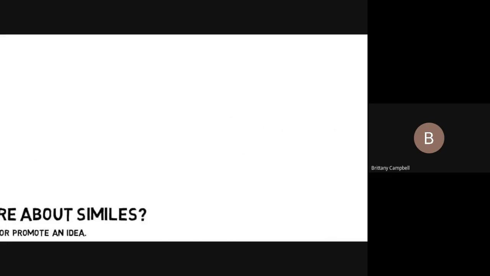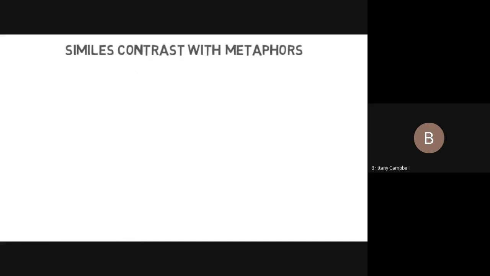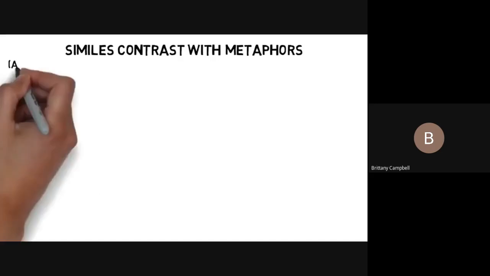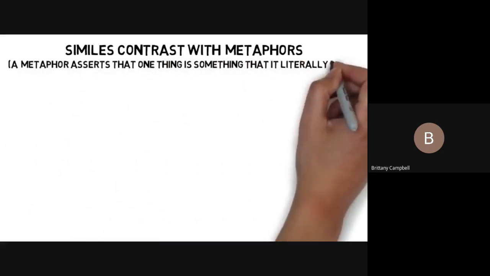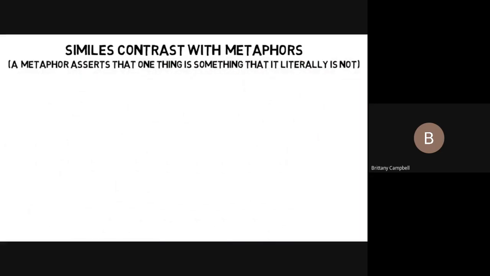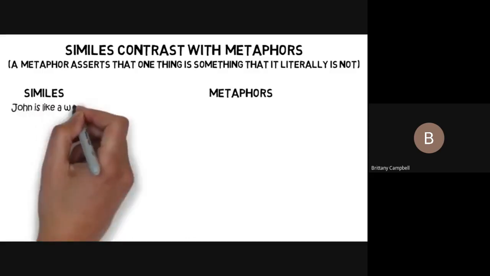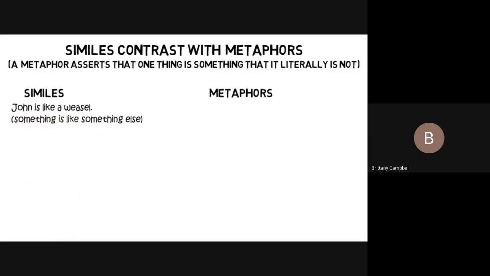Now, if we're going to talk about similes, we have to talk about metaphors, because they're quite similar. Now, a metaphor, we do have a video on that, asserts that one thing is something that it literally isn't. So a simile is a comparison using as or like, but a metaphor states that something is something else. So John is like a weasel.